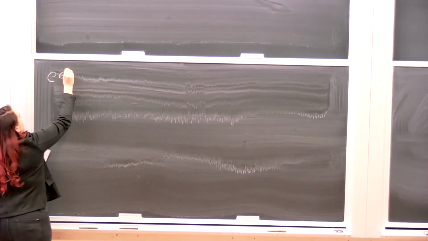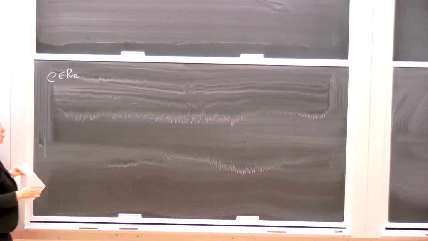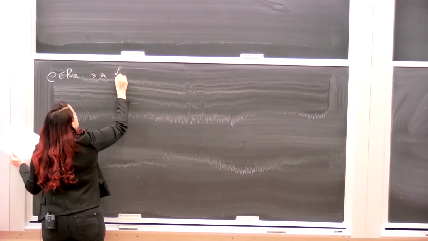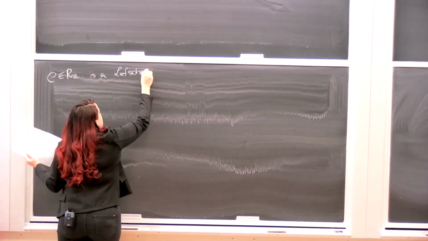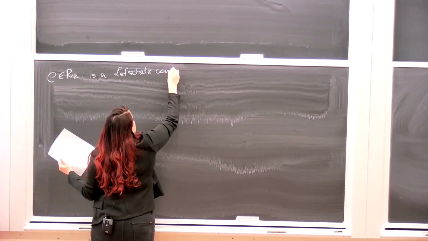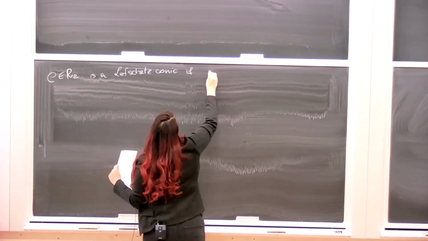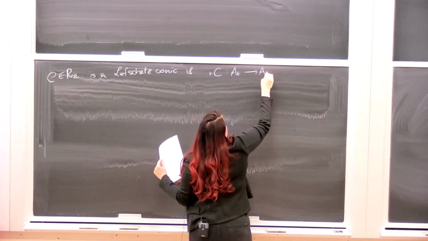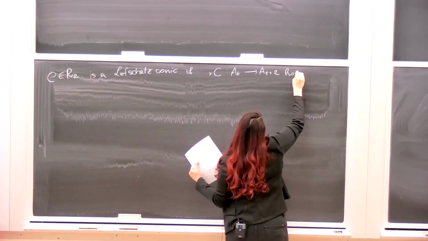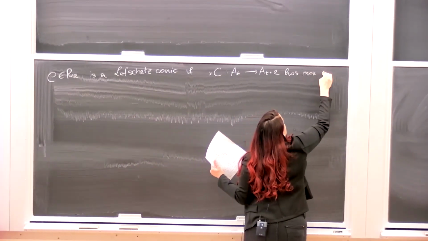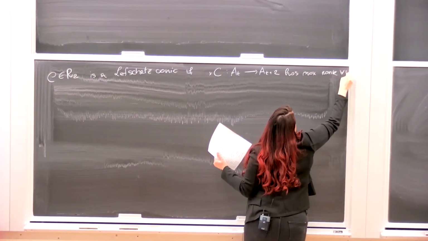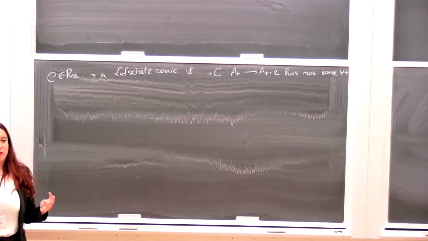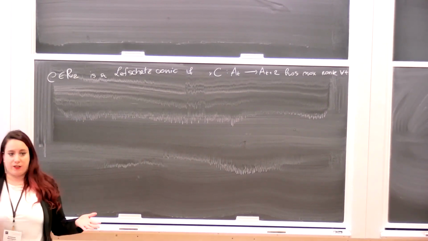So I take a homogeneous polynomial C of degree 2, and I say that C is a Lefschetz conic if the multiplication map times C from AT to AT plus 2 has maximum rank for each T. And in the same way, I want to define the non-Lefschetz locus of conics as the conics that do not have this property.